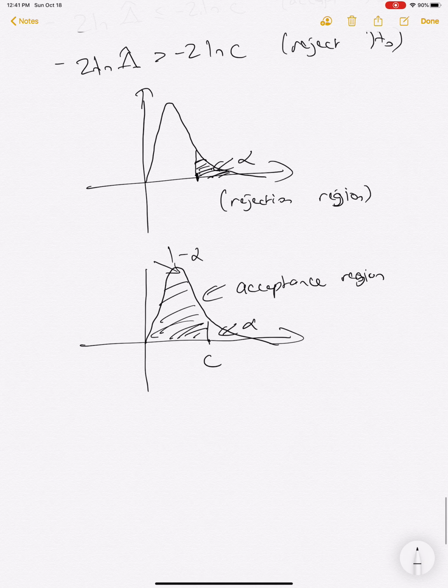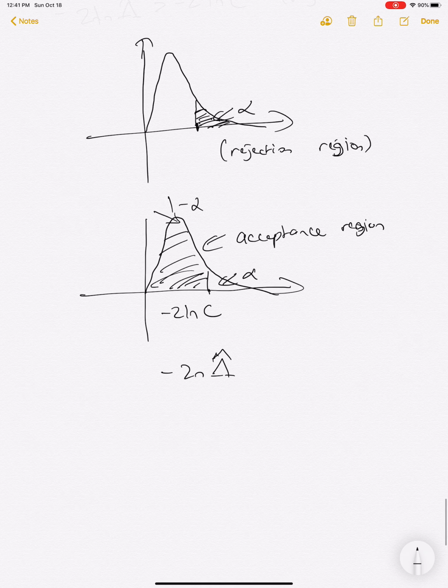So if this is not our c, this is negative 2 ln c. So negative 2 ln gamma hat is going to be less than or equal to negative 2 ln c. This is the acceptance region.